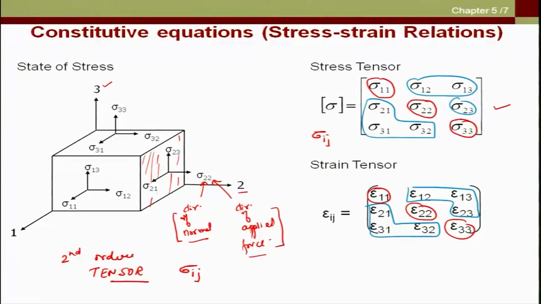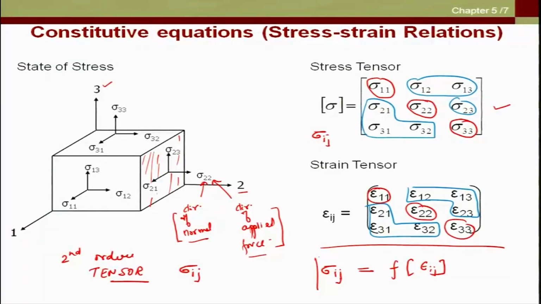Okay. So, this is our overall framing of the problem, and what we have to develop is the relationship of how sigma ij depends on epsilon ij.